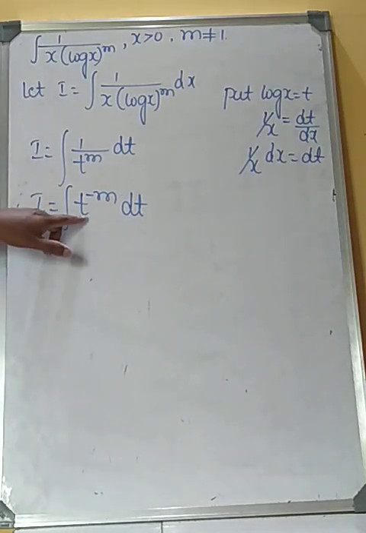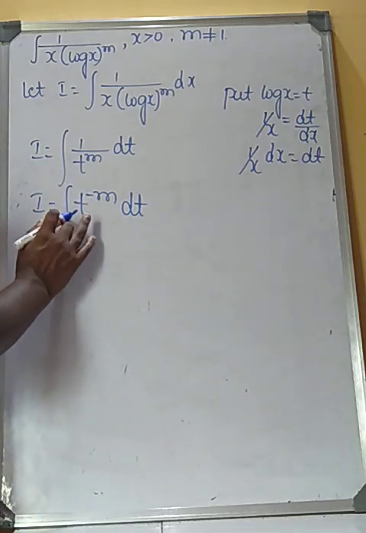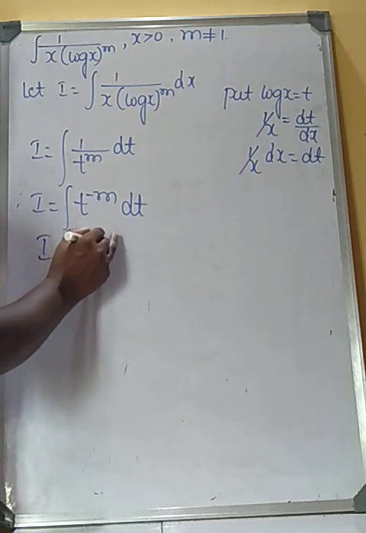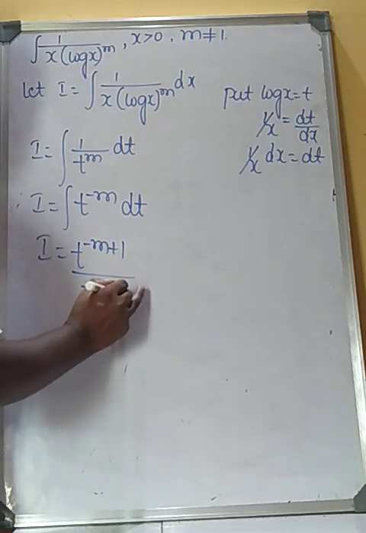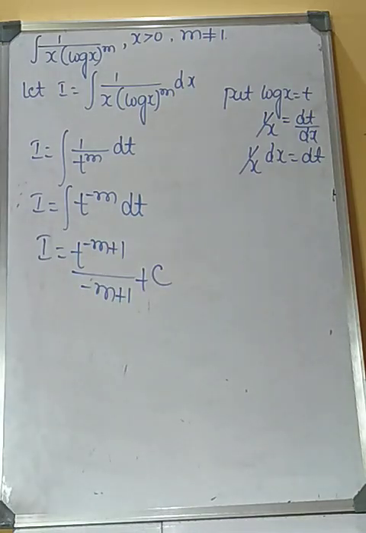You know the form x to the power of n. Therefore I is equal to t power minus m plus 1 divided by minus m plus 1, plus c. What is t? t is log x. So log x to the power minus m plus 1 divided by minus m plus 1 plus c.